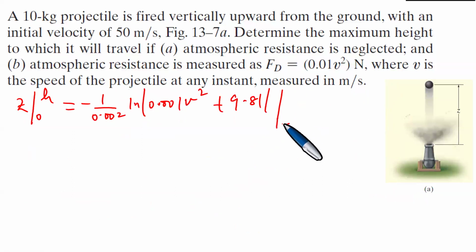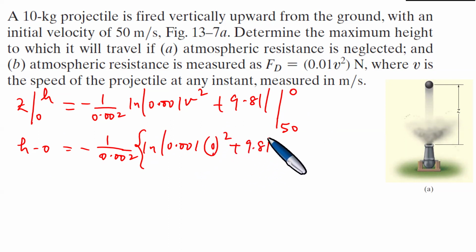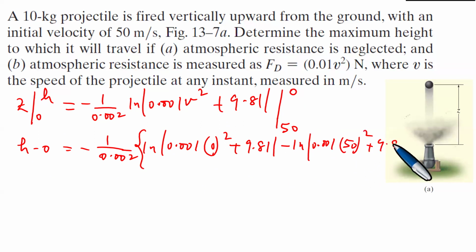Now this one is from 50 to 0. So in the end, it becomes h minus 0. Substitute here: h minus 0 equals minus 1 over 0.002 times the natural log of 0.001 times 0 plus 9.81, minus the natural log of 0.001 times 50 squared plus 9.81.